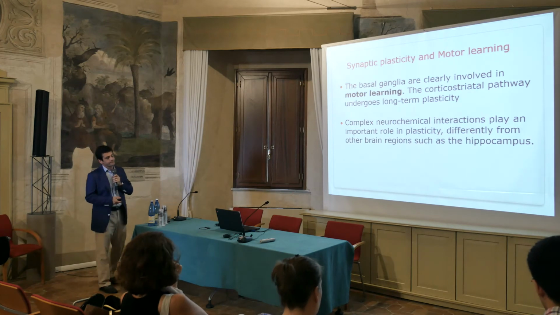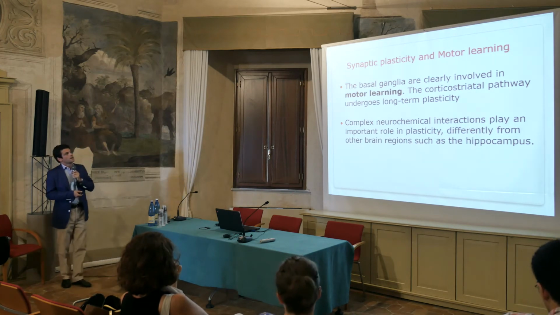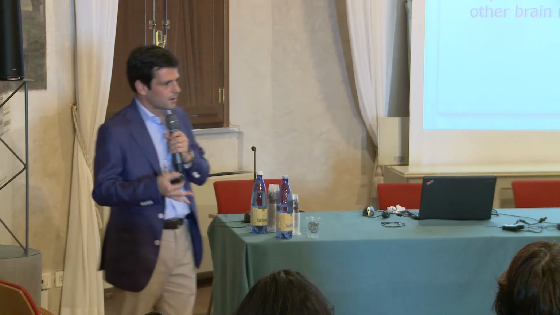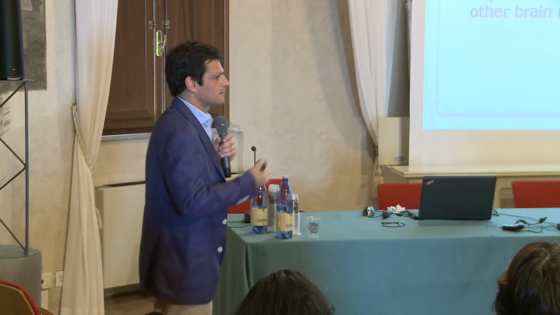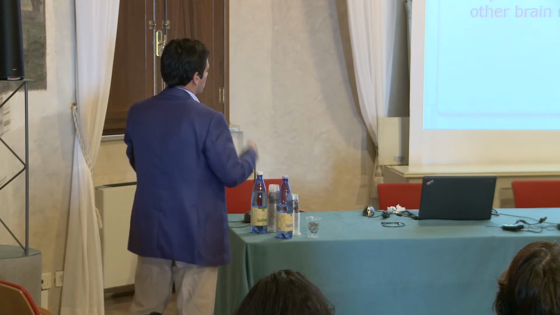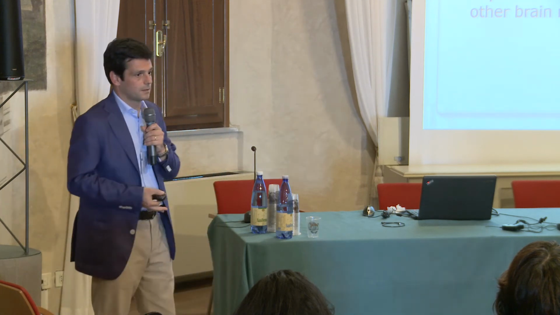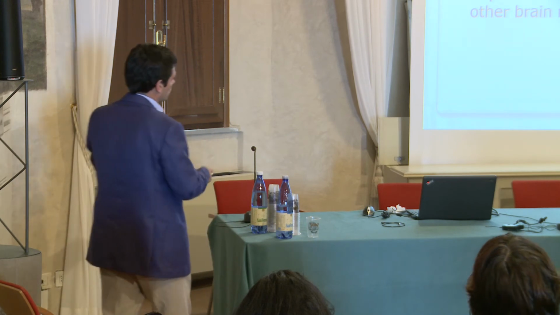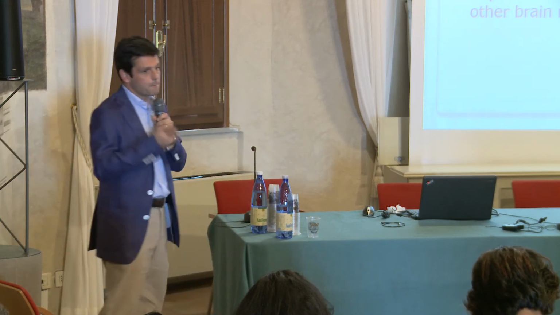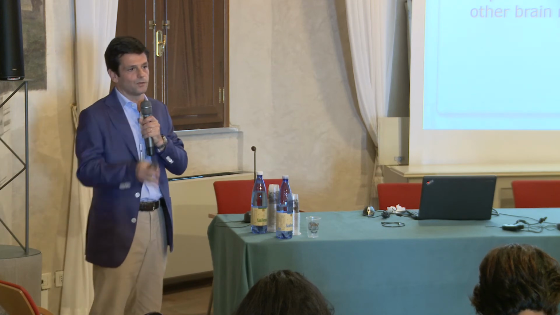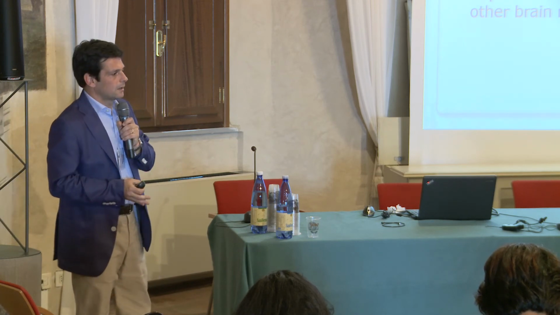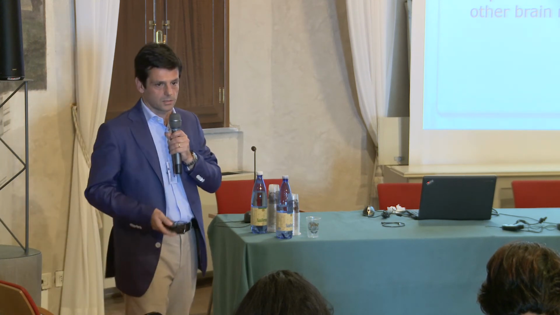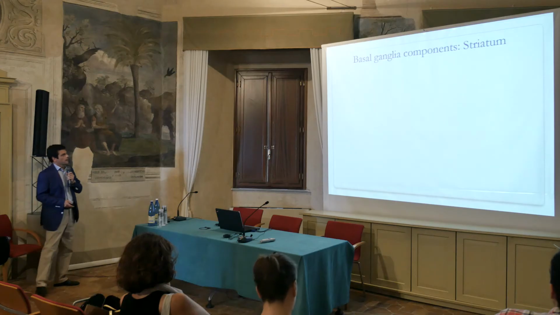But why plasticity? Because the term itself says that it's relevant for our brain to learn something. And in fact, it is the case with motor learning, and the major pathway involved in this process of learning is, of course, the corticostriatal pathway.